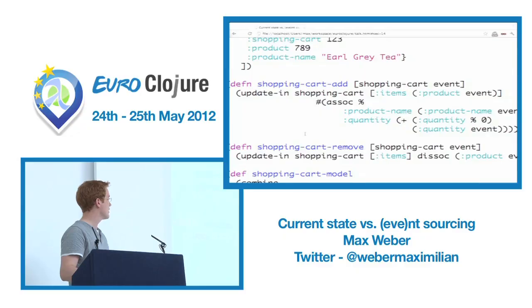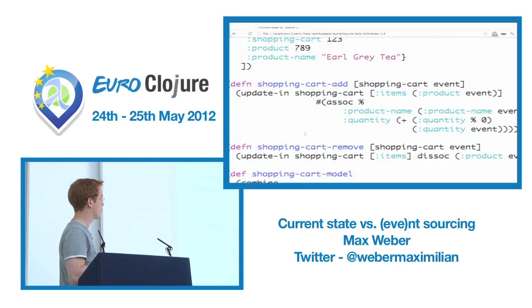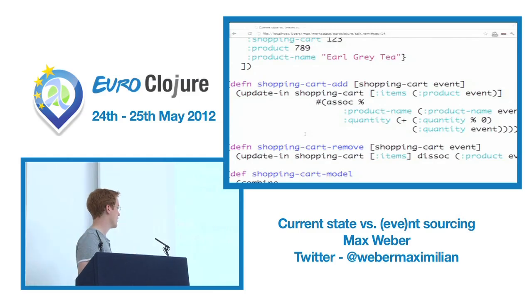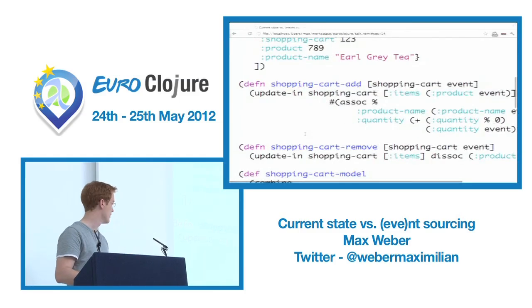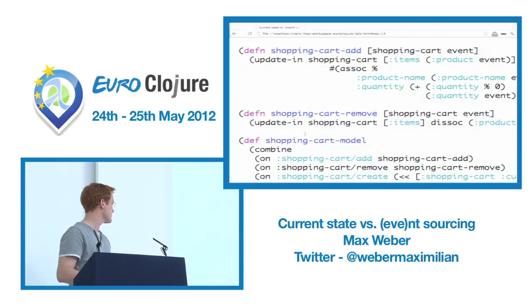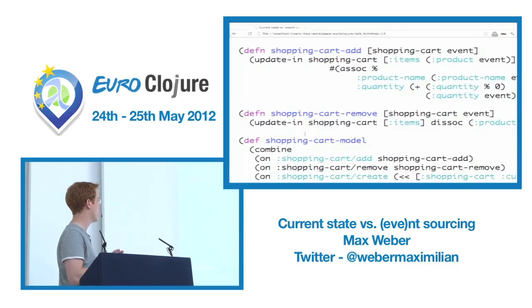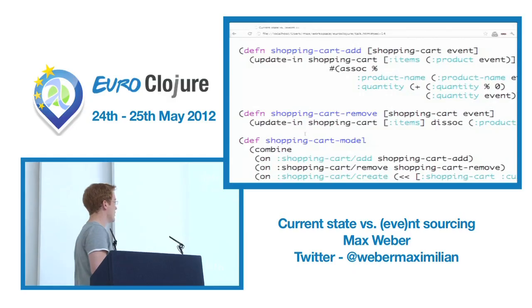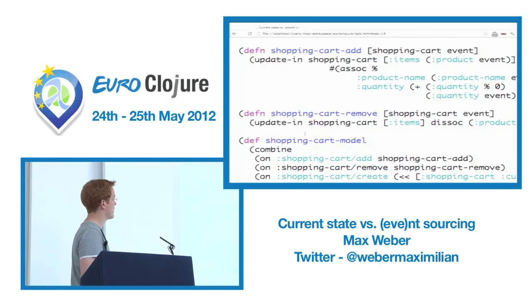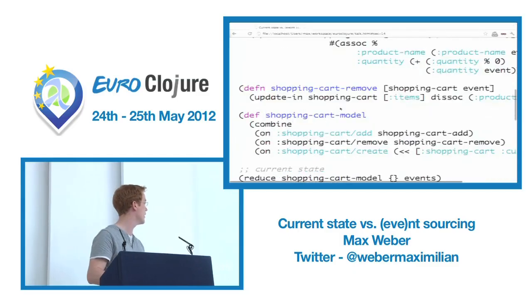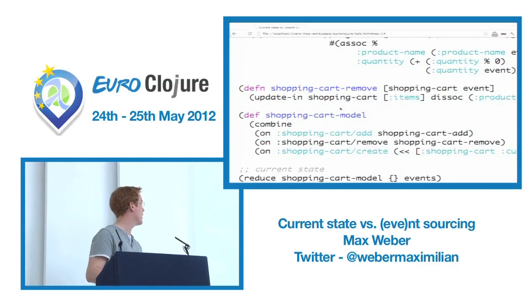This function merely does some housekeeping and takes care that the correct quantity of a product is stored inside the shopping cart current state. So here's another function which handles the shopping cart remove command, and it simply removes it from the items in the current state model.